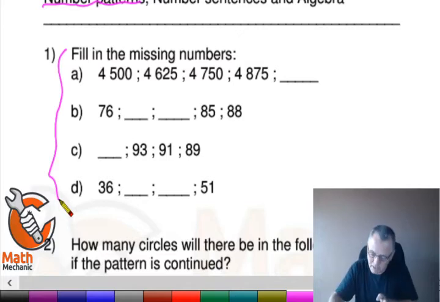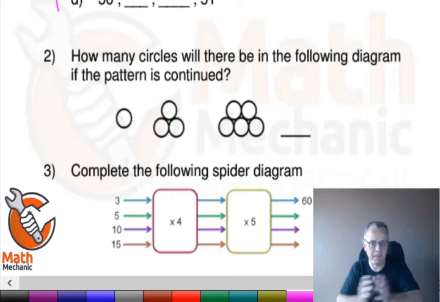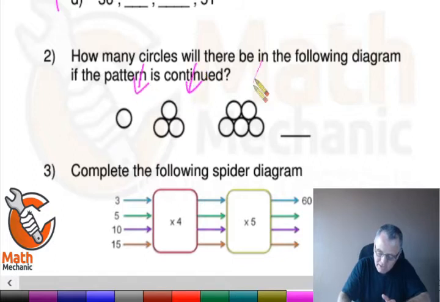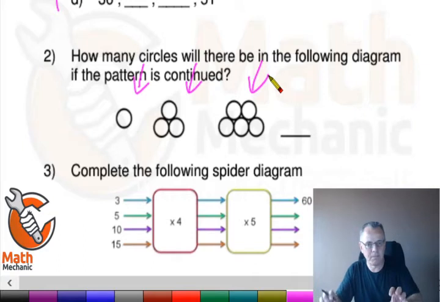Then we go to the next question, where we now have a geometric pattern, because they're giving you a sketch, some figures. However, what you can do is to take a look at those diagrams and just simply put them in numbers. So find, for instance, in this case, the number of circles in the first diagram, the second diagram, and the third diagram.